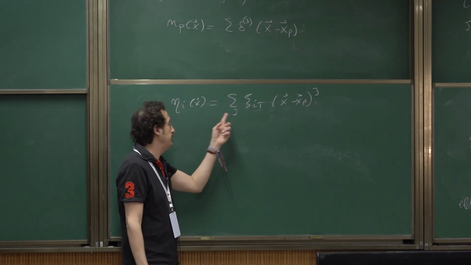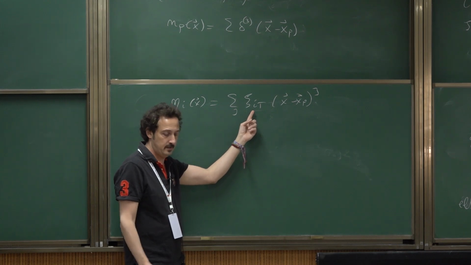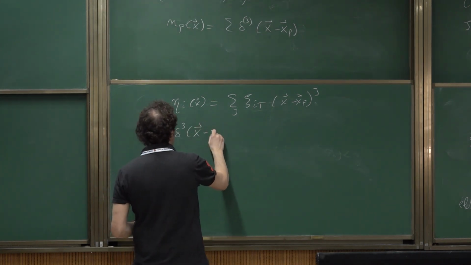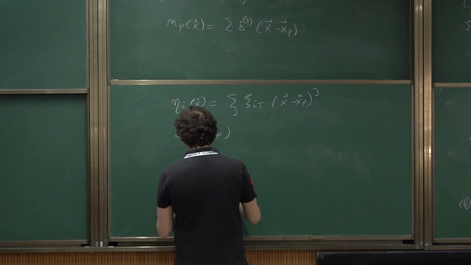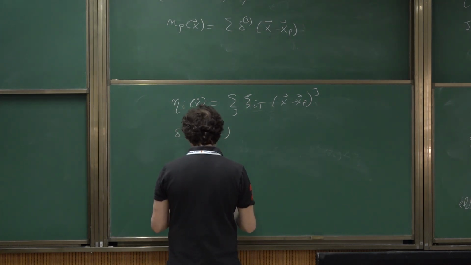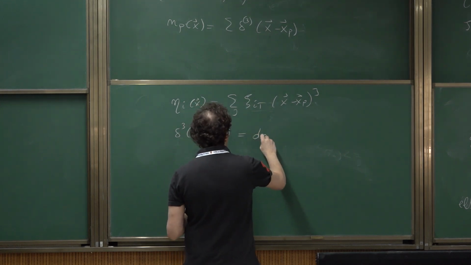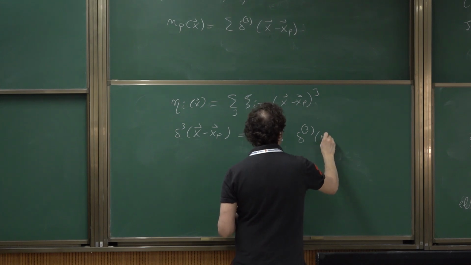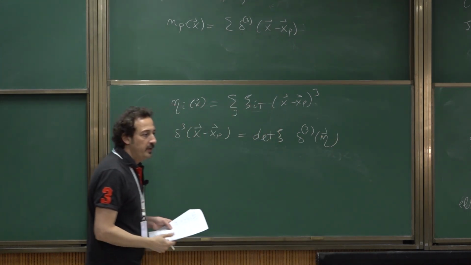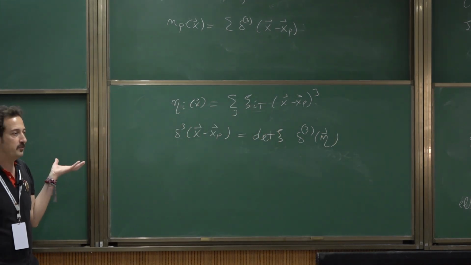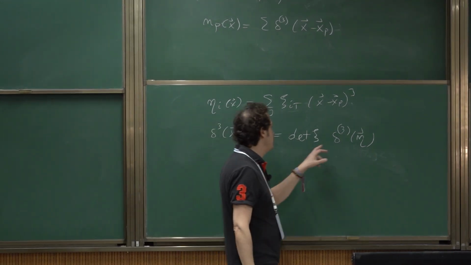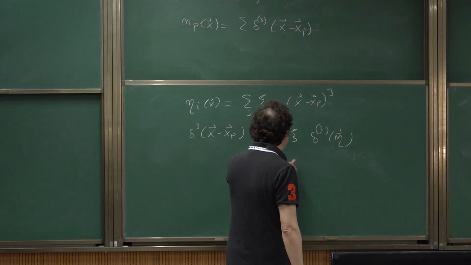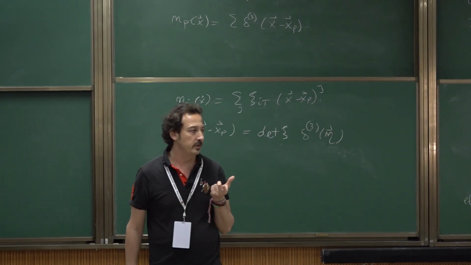It is very easy to see that it is equal to the determinant of psi multiplied by delta 3 of eta. Delta 3 of eta makes sense because it is where the peak is, where the first derivative has to be 0. So the peak is determined by the vanishing of this delta 3, and we have a Jacobian which is related to the second derivative.